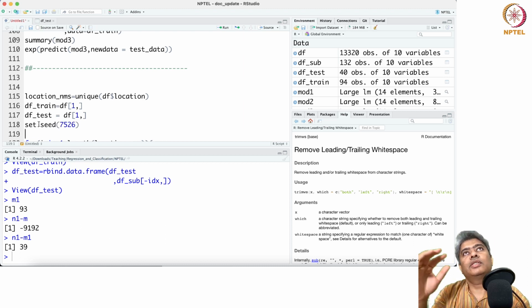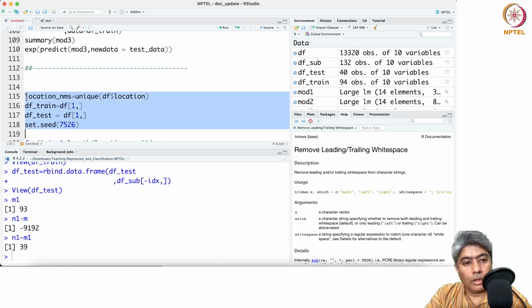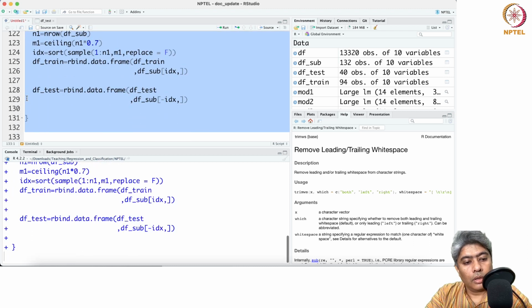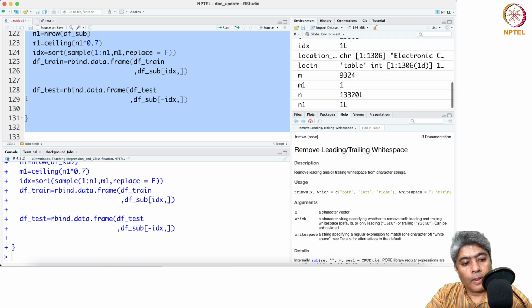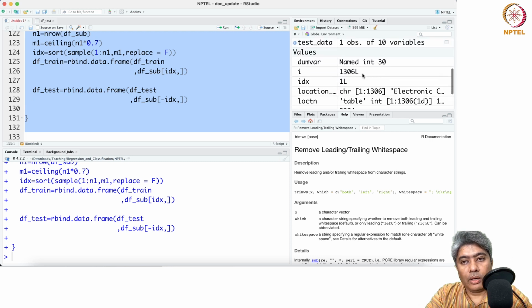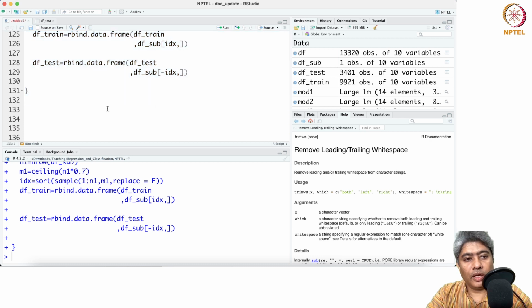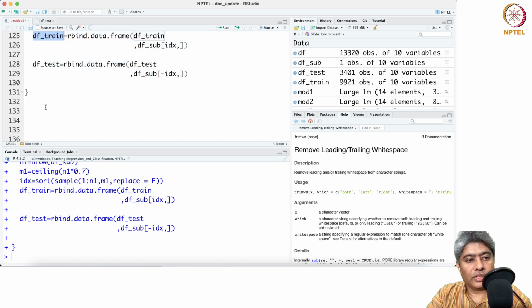Remember that this is this method. Okay, now you have train is this many and test is this many, and what I will do, I will just set df train equal to df train minus 1.